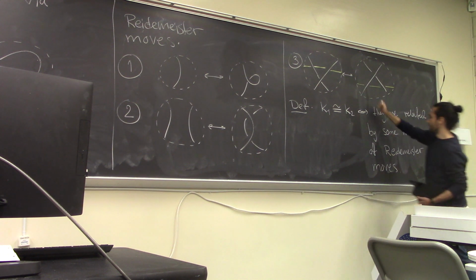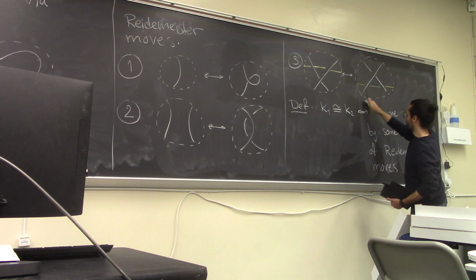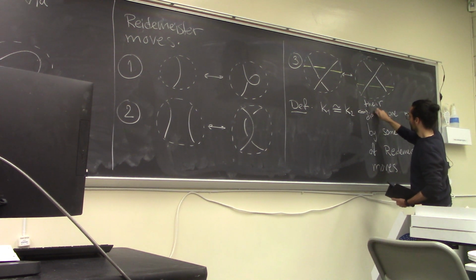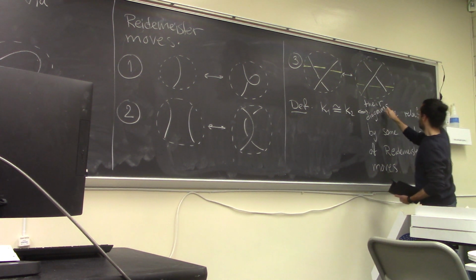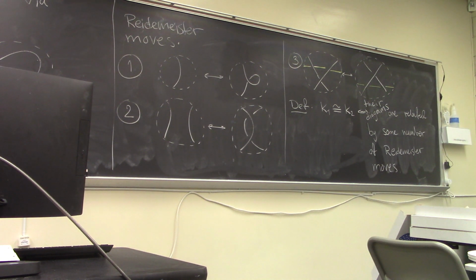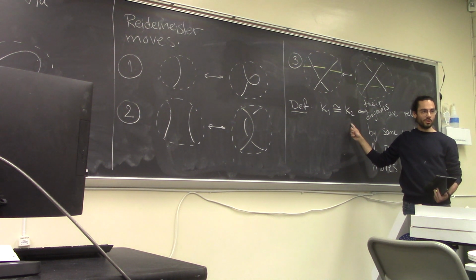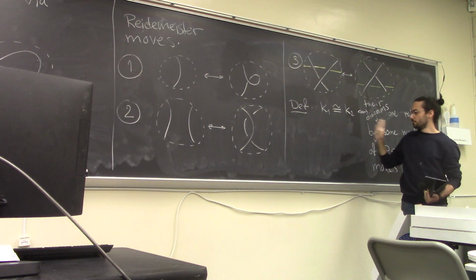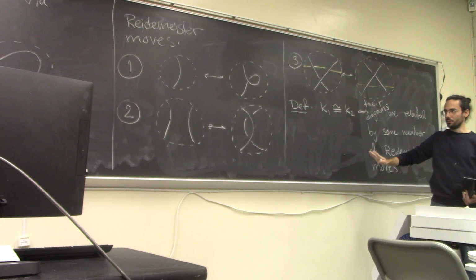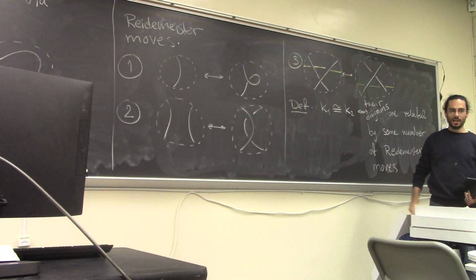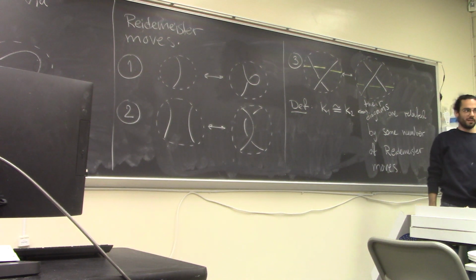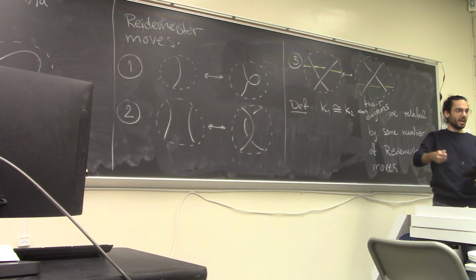And I should maybe say their diagrams. Okay. So this is my definition of when two knots are equivalent. I'm going to cast their shadow on some two-dimensional surface, and if I can find a sequence of moves out of these three, some finite number of such, relating the two diagrams, then they're the same.